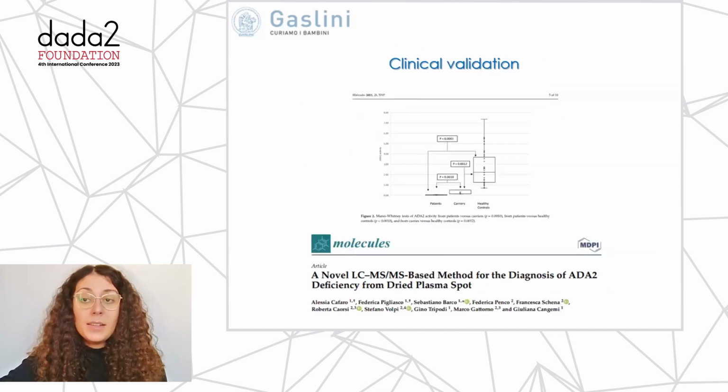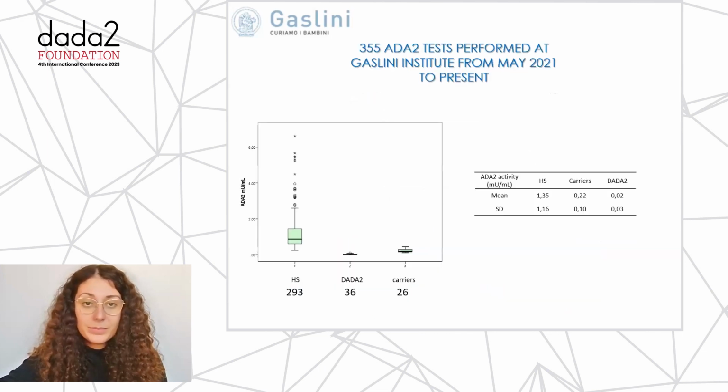Then we clinically validated our method by testing ADA2 activity in samples obtained from 18 DADA2 patients, 4 carriers, and 44 healthy controls. You can find the results of our method in our paper published in 2021 in the journal Molecules.